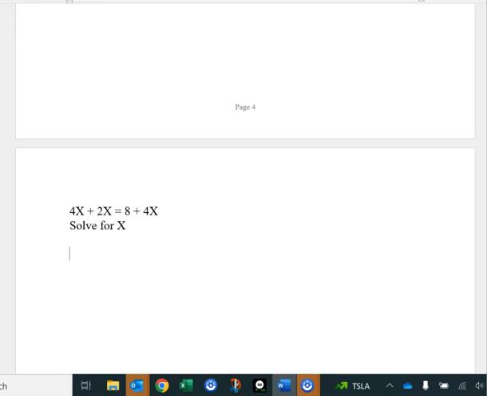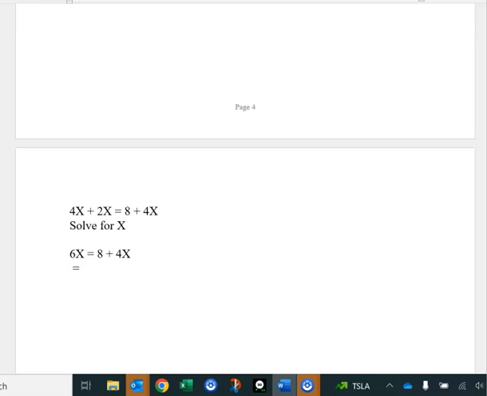So 4x plus 2x gives us 6x equals 8 plus 4x. Okay, so what we want to do is get rid of the 4x on the right-hand side and move it to the left-hand side. So what we need to do to each side is subtract 4x.